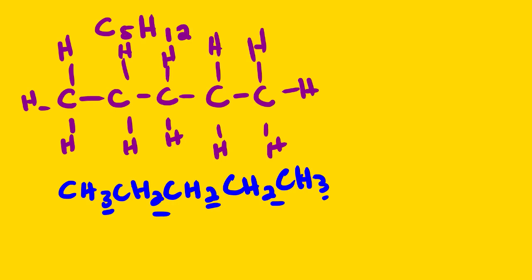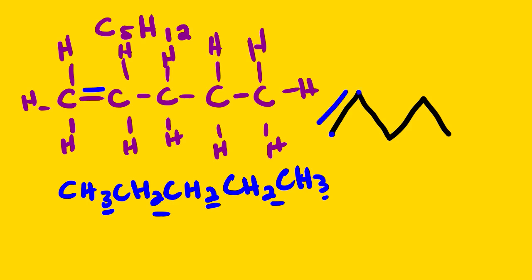Then looking at the skeletal structure, this will be 2. You can see the way I count. You don't start by saying 1, but you start by saying 1, 2. It's 1, 2, 3, 4, 5. Then let's say we had a double bond here, then it would simply mean that this is carbon number 1 and this is carbon number 2.